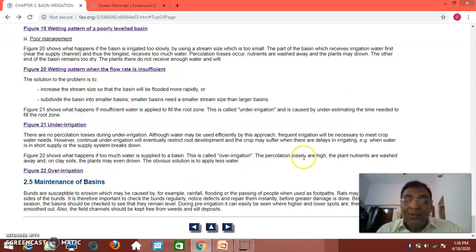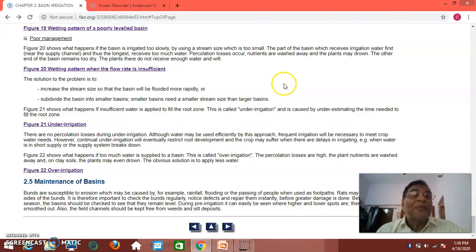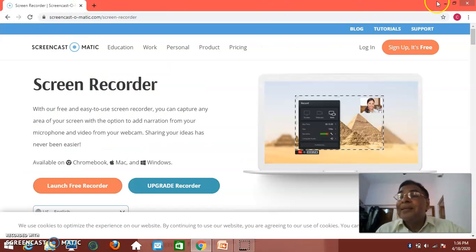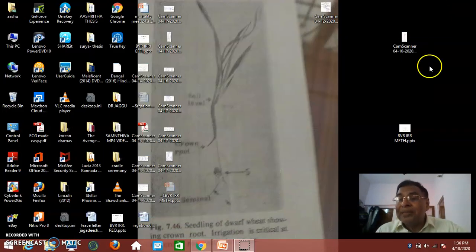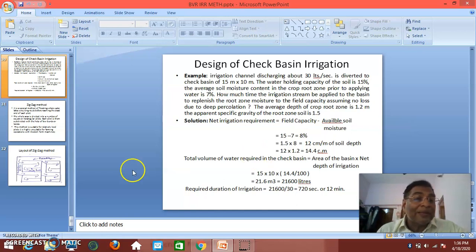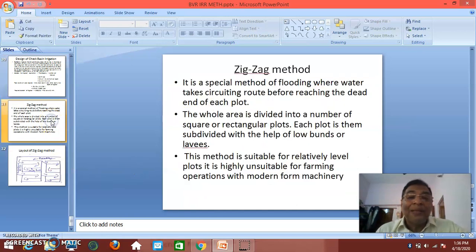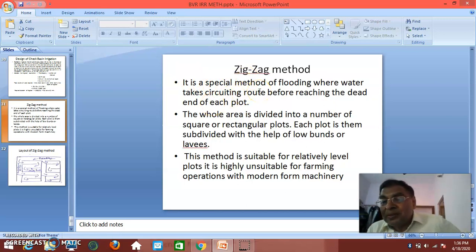So this is how I would like to highlight some of these things, and we will go for one more method. I have a small method here, that is called the zigzag method. This is a special method normally for tobacco, chilies and other crops.